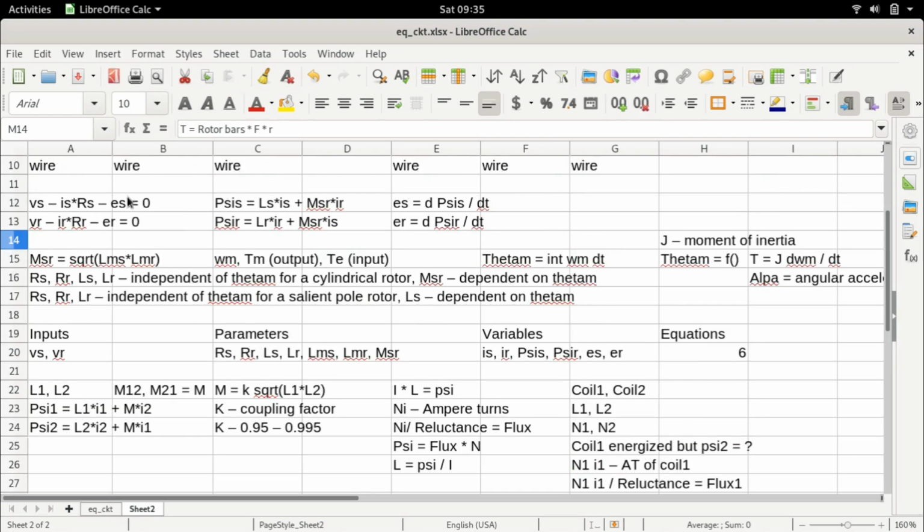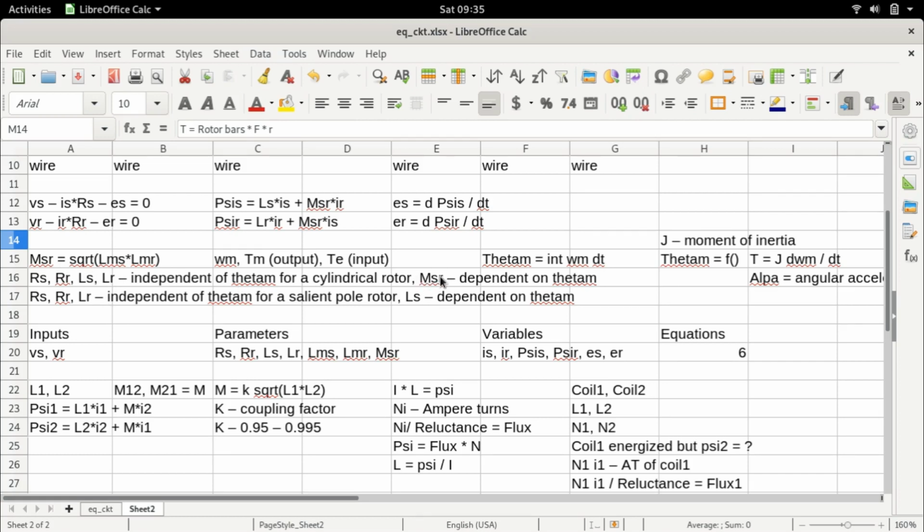So we have seen that LS and LR are independent. This is a discussion which I had long back. If you're not sure, please do go back to it. So we saw already that for a cylindrical motor, RS, RR, that is rotor resistance, stator inductance and rotor inductance are all independent of the mechanical angle.